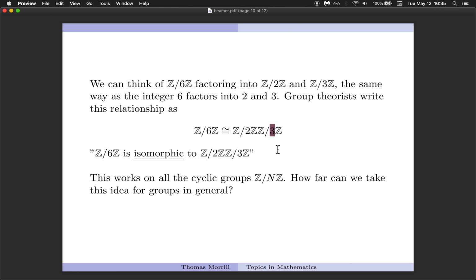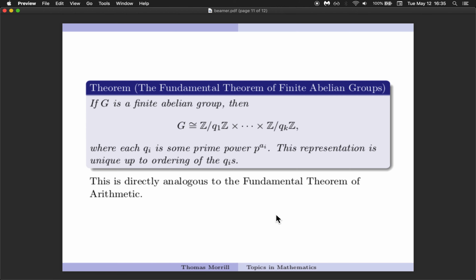If you have any cyclic group, you can break it down into smaller cyclic groups, and the moduli you get here will be the prime powers from the factorization of your n. So let's see this in general. This is the fundamental theorem of finite abelian groups. Let's say that G is a finite abelian group. Then G is going to be isomorphic to one of these product groups. Or you can just think of it as G factors into the product of a bunch of different cyclic groups, right?